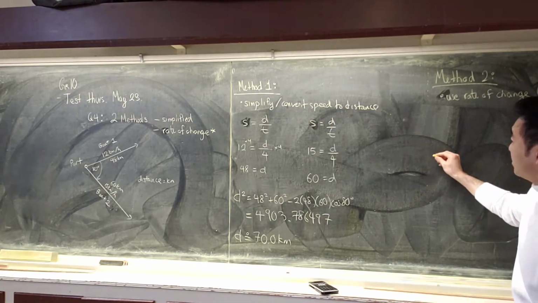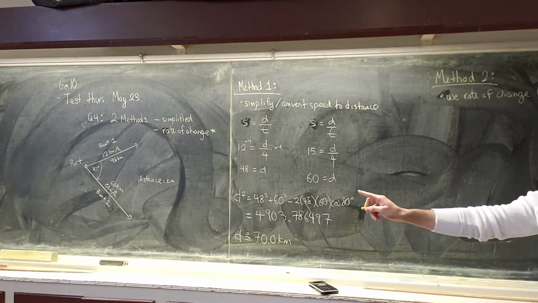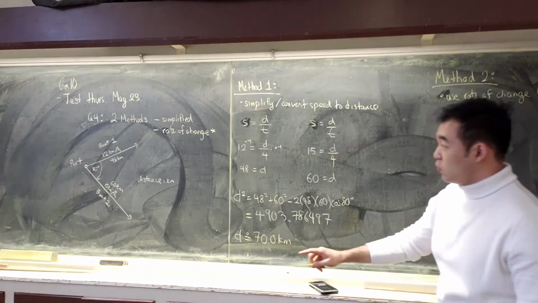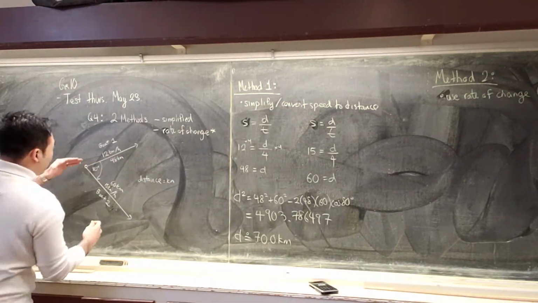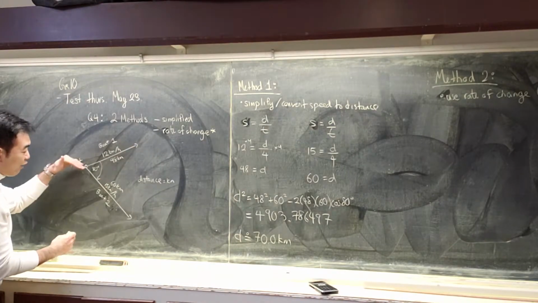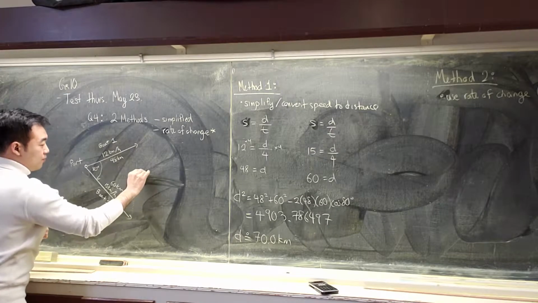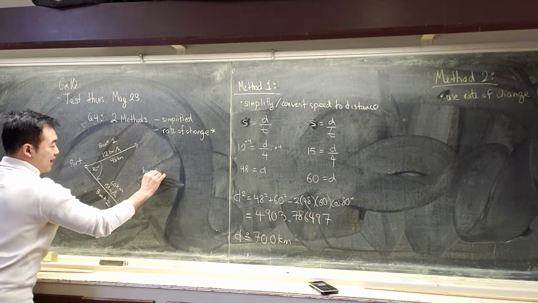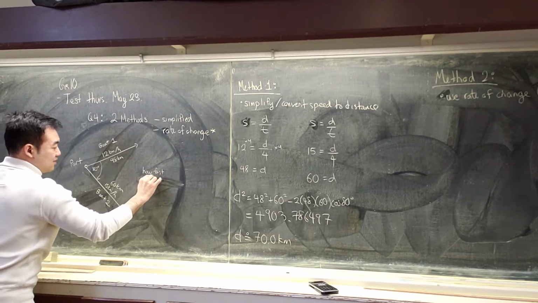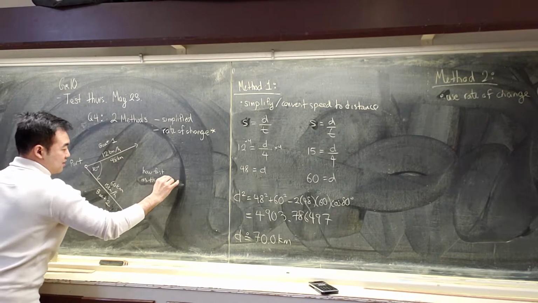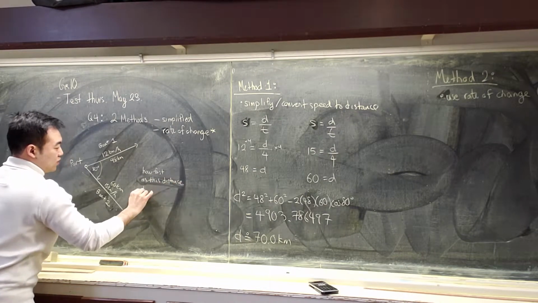So the idea is this: if you have that particular triangle, we know how fast this boat is moving, we know how fast that boat is moving. I'd like to know how fast this distance is increasing.